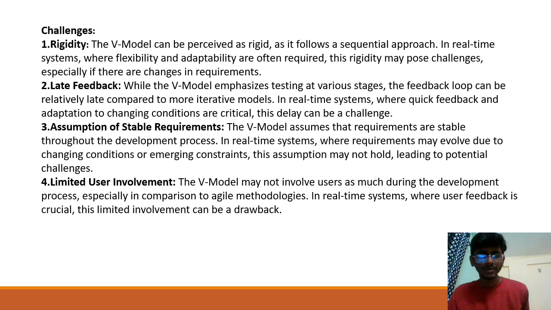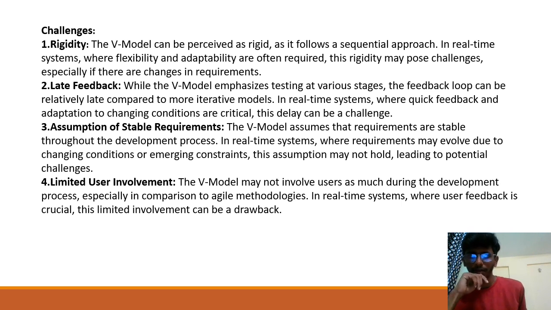Moving to the next slide, the challenges of the V model are rigidity, late feedback, assumption of stable requirements, and limited user involvement. The V model can be perceived as rigid as it follows a sequential approach.